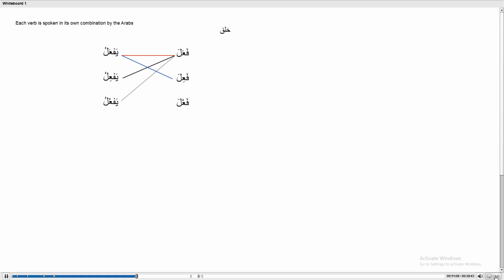Then you have فَعِلَ يَفْعِلُ, which means that there are certain verbs spoken in this way, following this pattern. Okay?